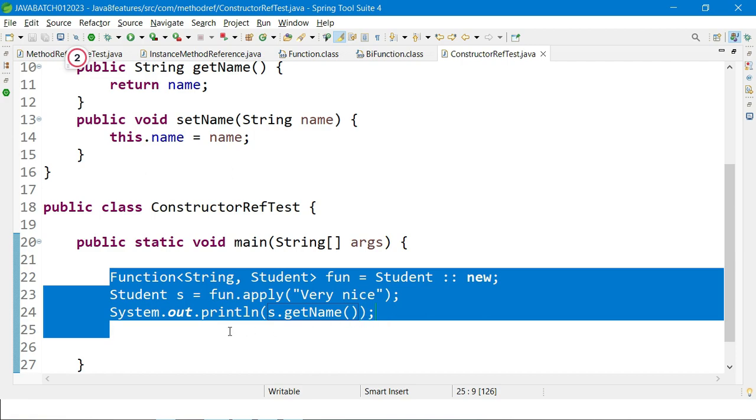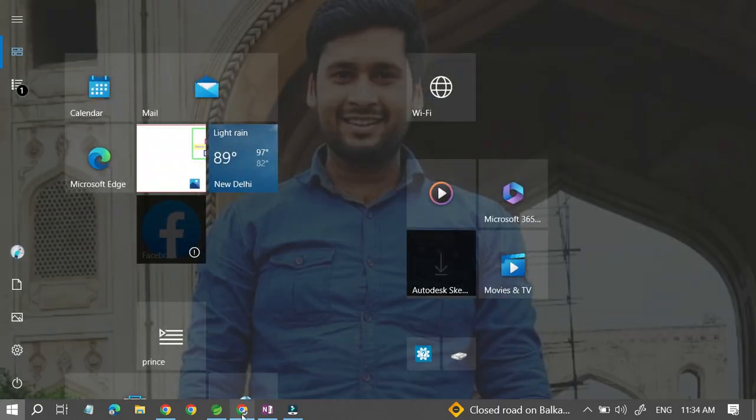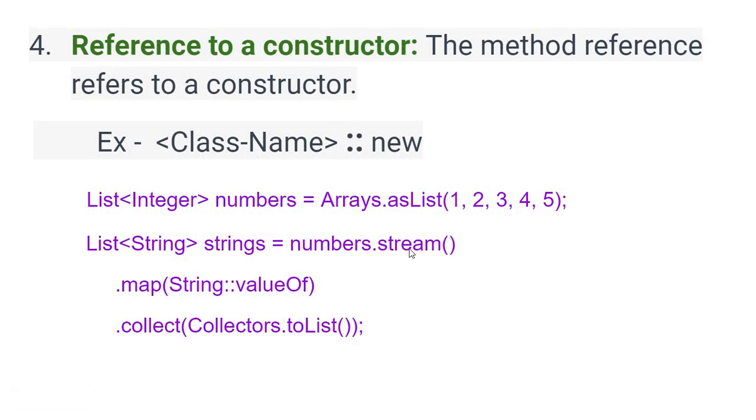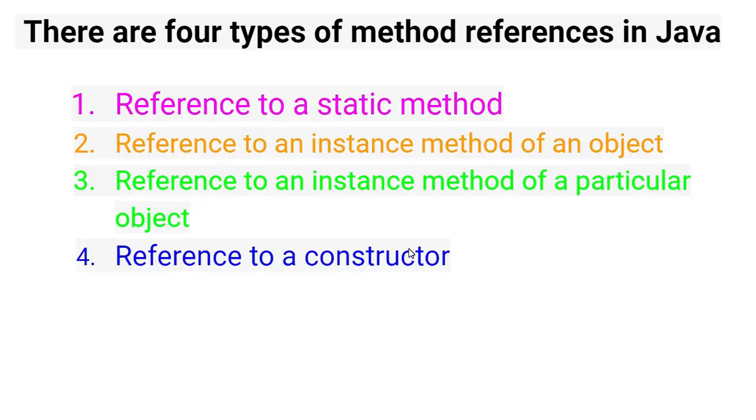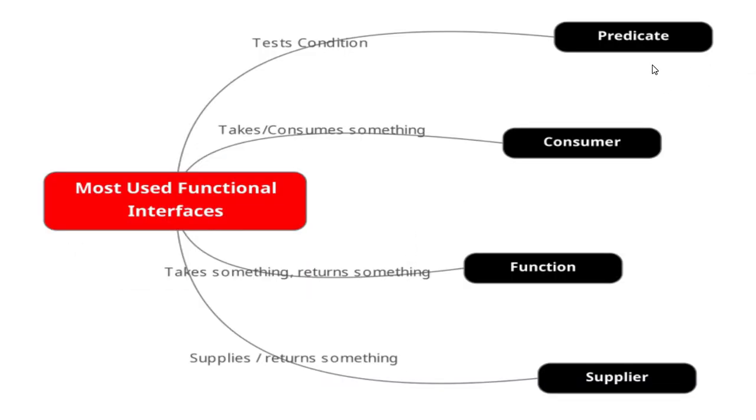Java 1.8 has given lots of functional interfaces, so we can utilize them. If you see here, Predicate, Consumer, Function, Supplier, and apart from these, lots of other functions are available in Java 1.8.